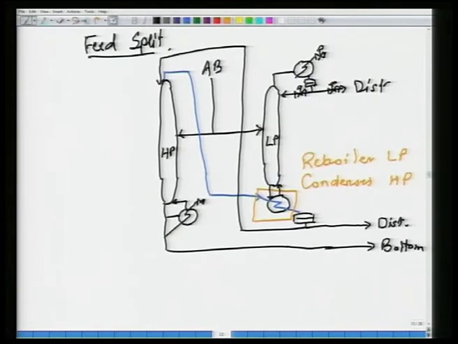How much steam you are putting in is in your hands, how much bottoms you are drawing off is in your hands, how much is being taken out as distillate from this reflux drum is in your hands, how much is being refluxed back is also in your hands. The feed is what it is. So, let us see, there are two valves.